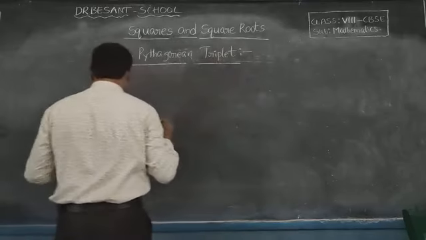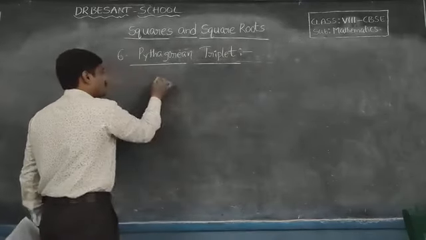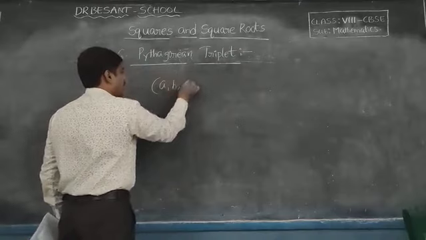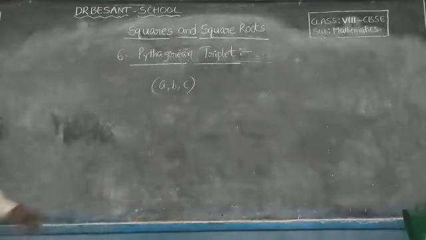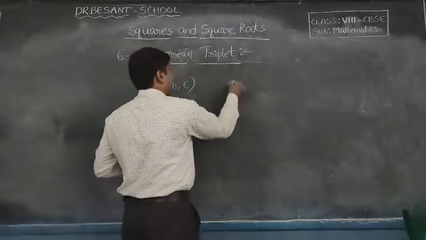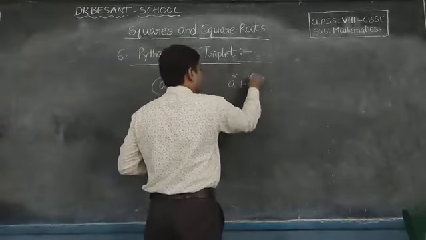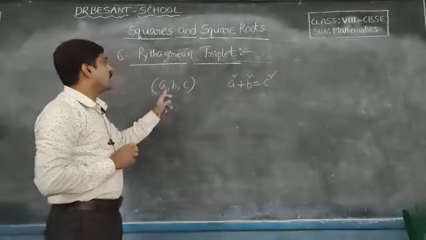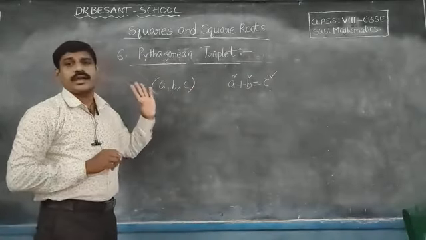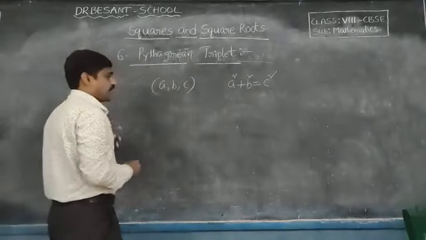So what is called Pythagorean triplet? Suppose A, B, C. If A square plus B square is equal to C square, then ABC is called Pythagorean triplet. One example I will tell you.